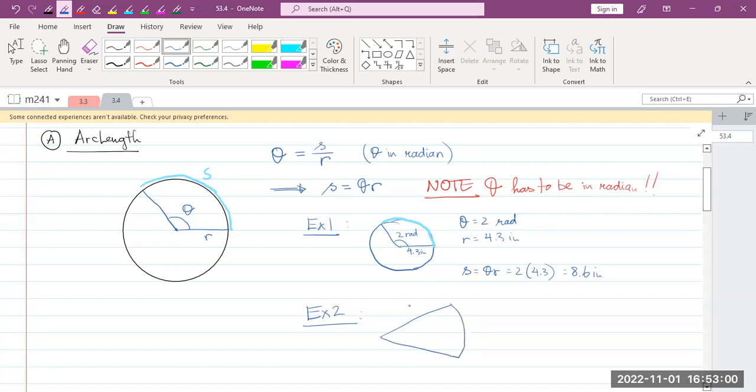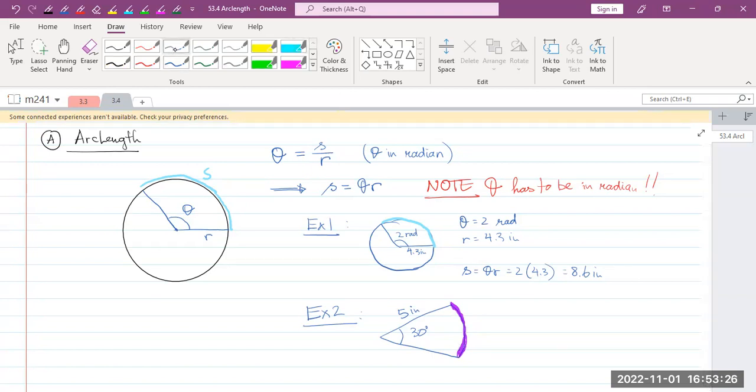The radius of that pizza is 5 inches, and the central angle here is 30 degrees. So what is the length of this crust part? What is the length of that?